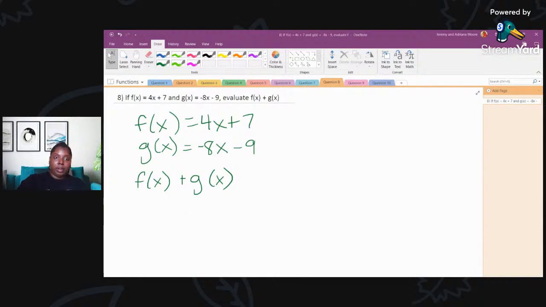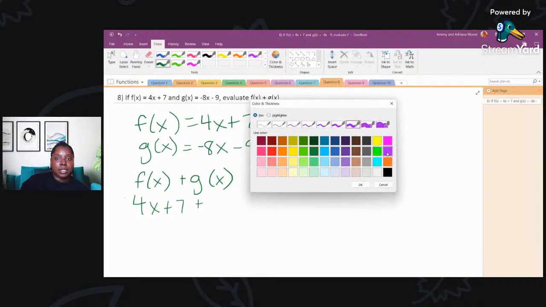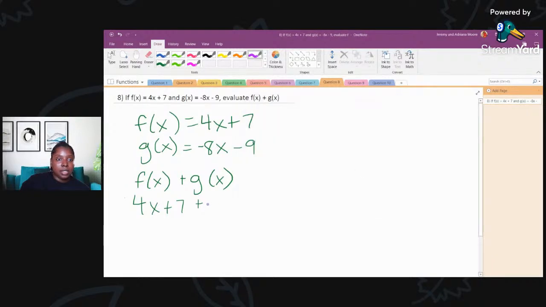Got it? All right, let's do it. So f of x is 4x plus 7. And g of x is negative 8x minus 9. All right, so we're going to combine our like terms, 4x and negative 8x.